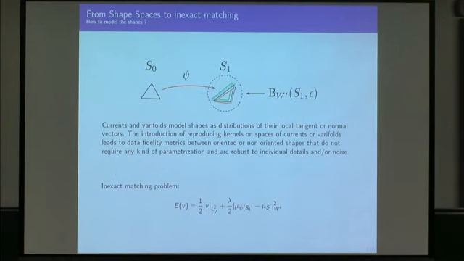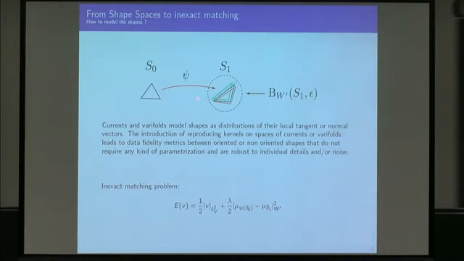So then, from shape space to inexact matching, we have a source that we want to match with a target, and we actually don't want the exact target, but a shape close to it. And the question is, how do we model a shape?